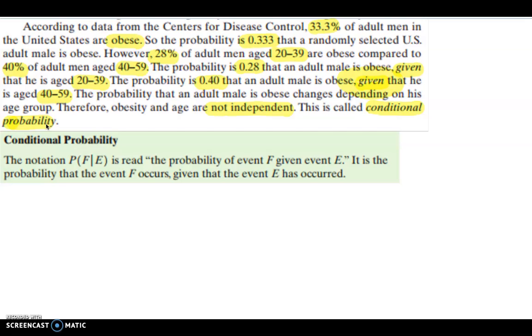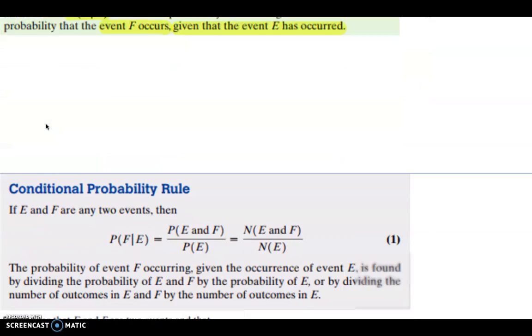You'll hear "given" quite a bit, and that just means that something has already occurred. So the notation is the probability of F, and then that vertical line means given E. It's the probability of event F occurring given that event E has already occurred. So that would be the probability that someone is obese given that their age is 20 to 39, is how we read that.